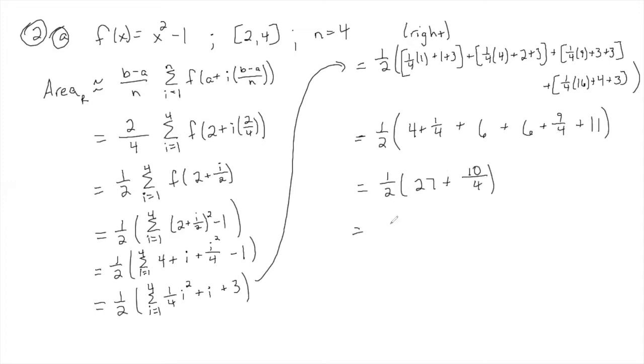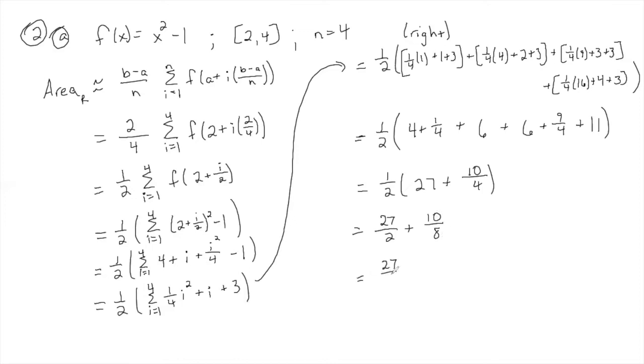Now I can distribute the 1/2 through. I get 27 over 2 plus 10 over 8, right? This can reduce a little bit.